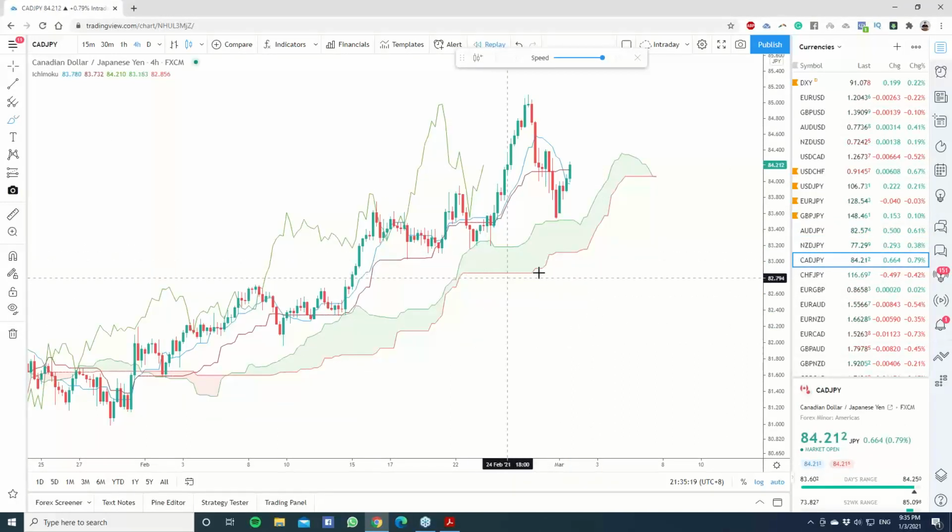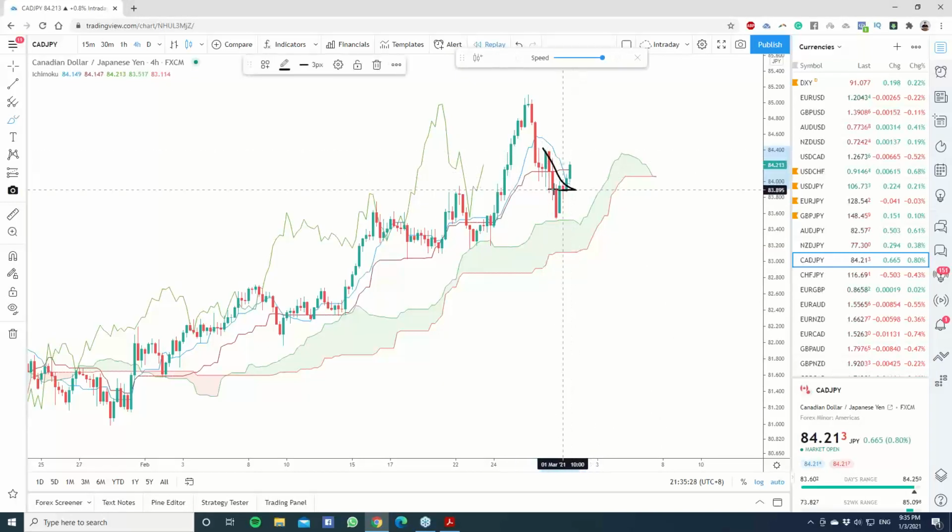Now, CAD. You can see this one here, this CADJPY. The blue line here seems to be flattening out. You might go into a range, so just be cautious on that. The Kijun Sen, you can see this maroon color line. Price is just above it or trading in between it, which means the direction might not be very clear as of now.